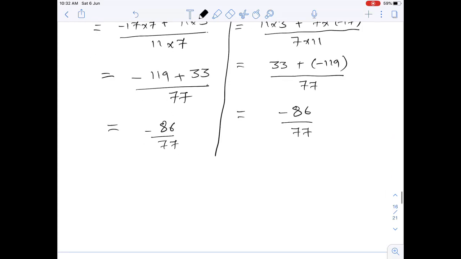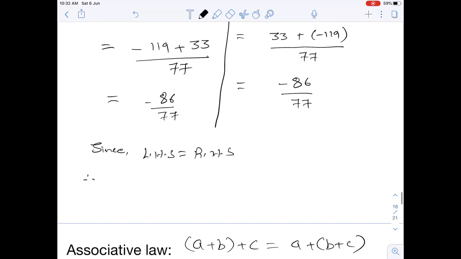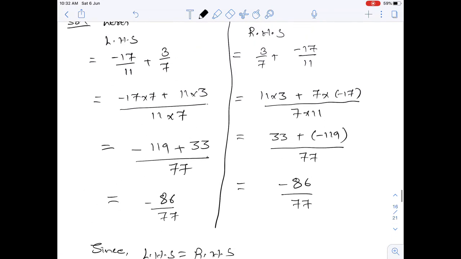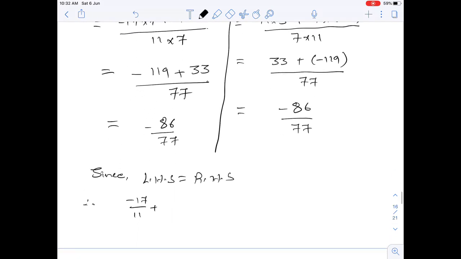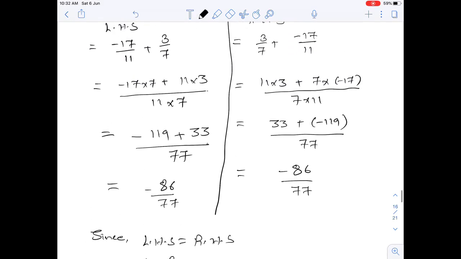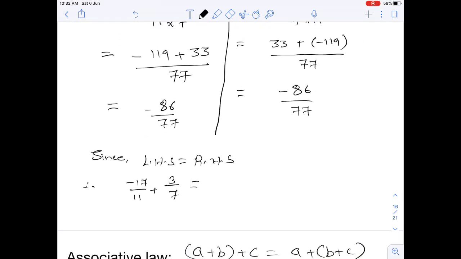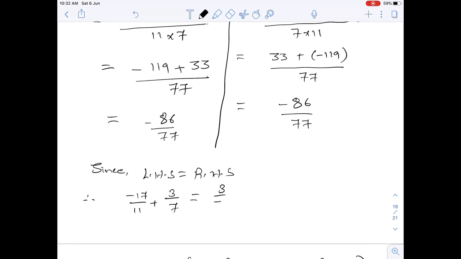So next step we can write, since LHS is equal to RHS, therefore minus 17 upon 11 plus 3 upon 7 is equal to 3 upon 7 plus minus 17 upon 11.